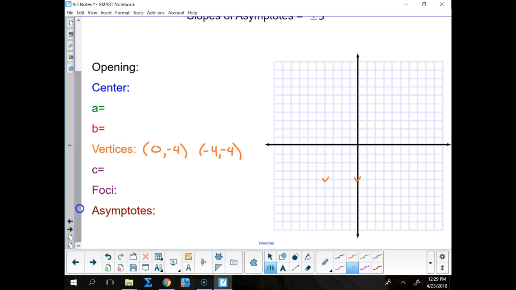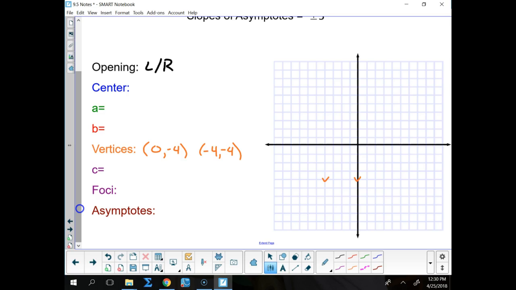Solely based off of that, what else do we know? One, it opens left and right, okay? Because the vertices are lined up horizontal. What else? The center is at negative 2, negative 4. Why? Because it's directly halfway between the two vertices. We call that directly halfway in between point a midpoint.